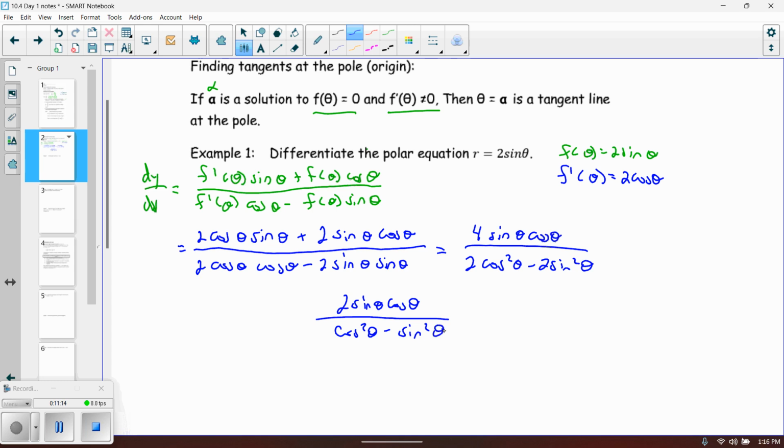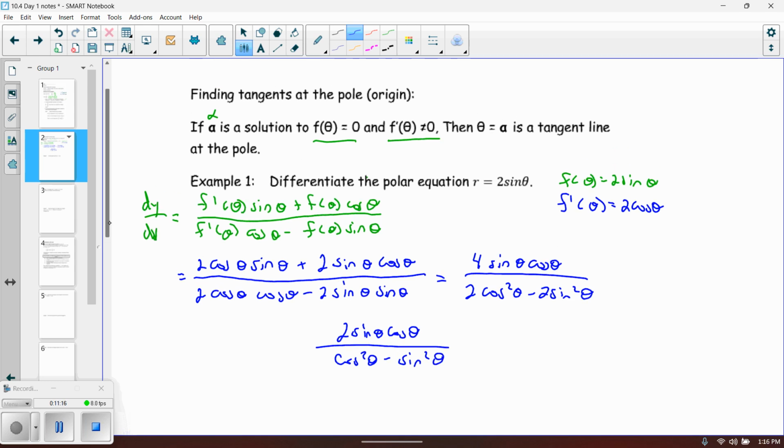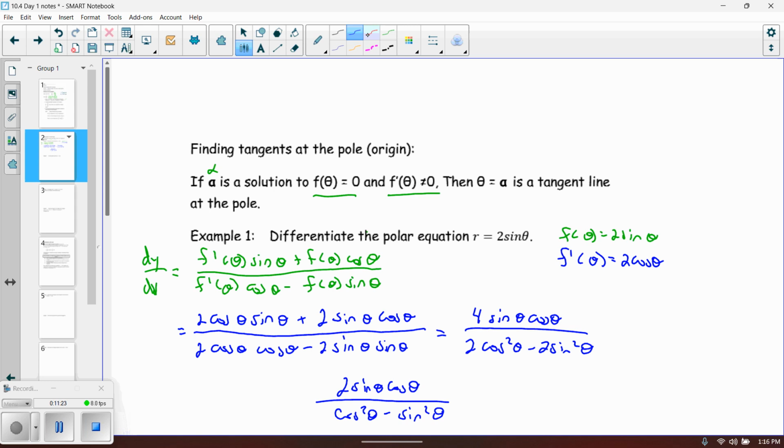One of the nicer trig identities to be able to use here is that numerator, 2 sine theta cosine theta. I'm going to write these at the top of the page here just so you have this, 2 sine of theta cosine of theta actually simplifies to sine of 2 theta. It's a double angle.